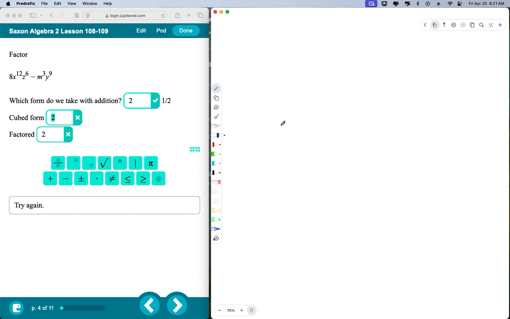Good coffee. All right. So, yeah, you would use this number here for that. Cubed form of this, I'm going to write it out. You've got 8x^12z^6 minus m^3y^9, right?